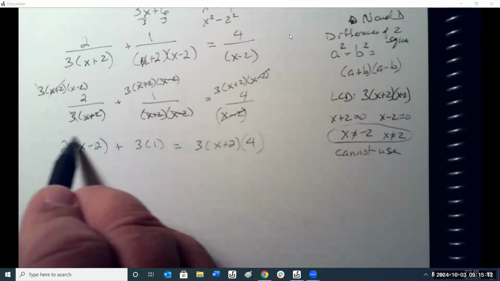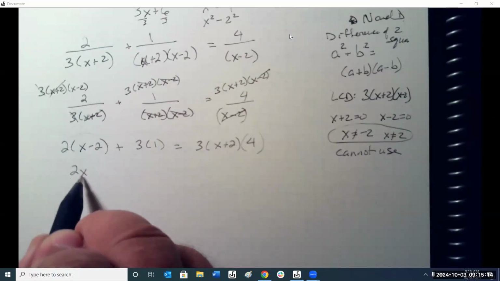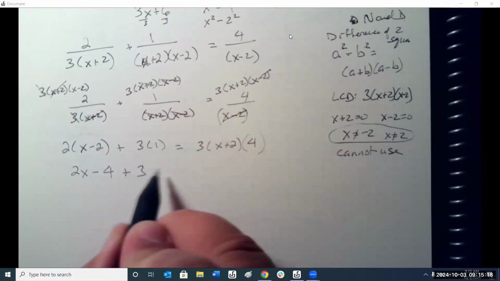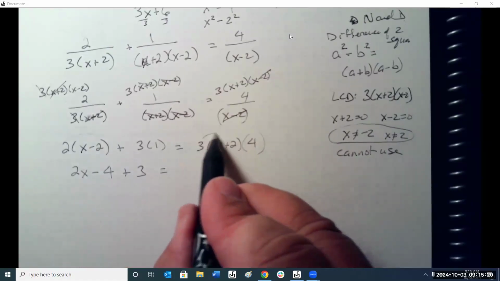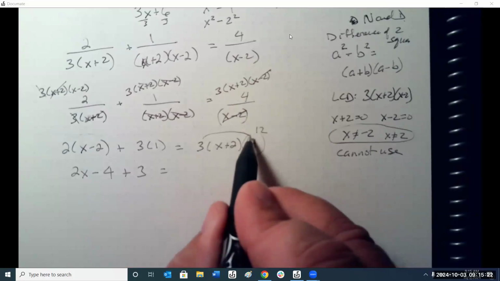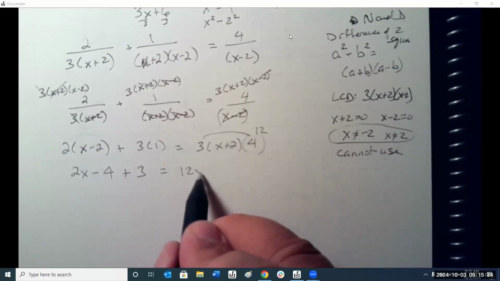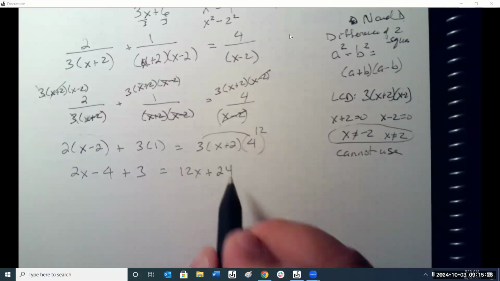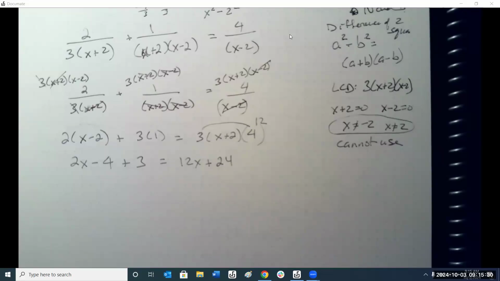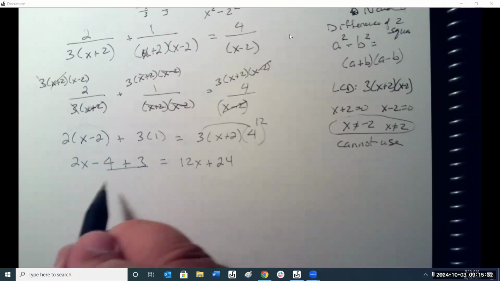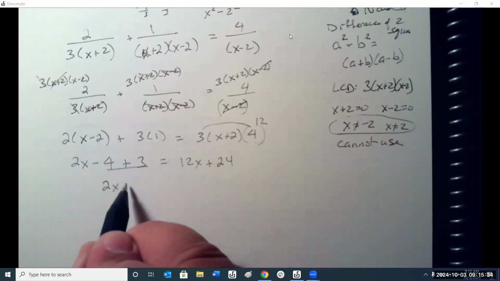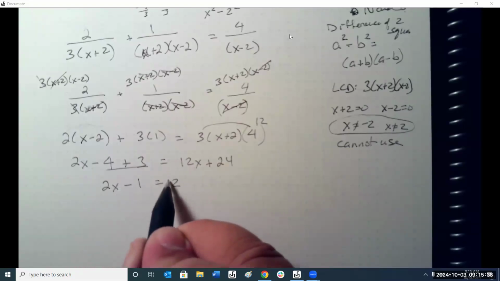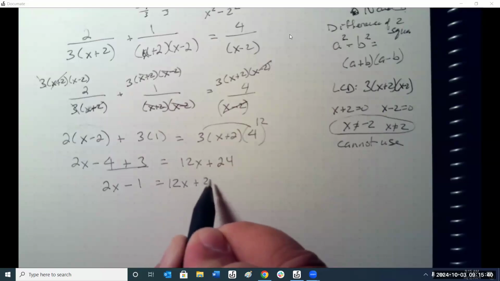Multiply it out. We got 2x minus 4 plus 3. 3 times 4 is 12. So 12 times x is 12x. 12 times 2 is 24. Combine like terms. 2x minus 1 equals 12x plus 24.